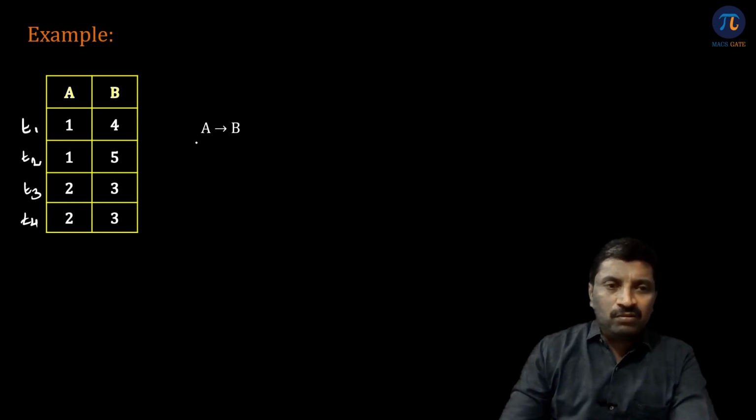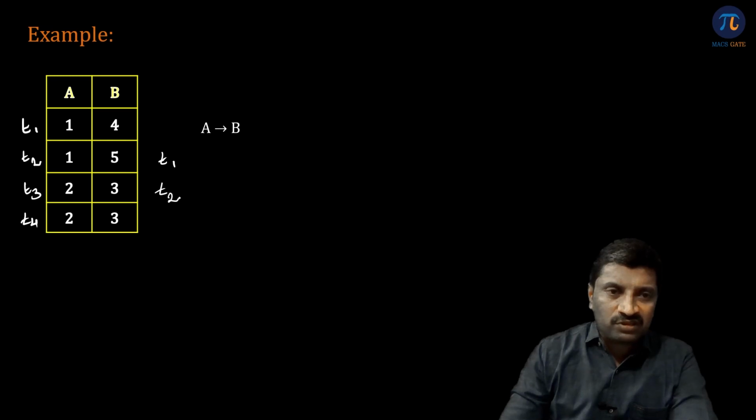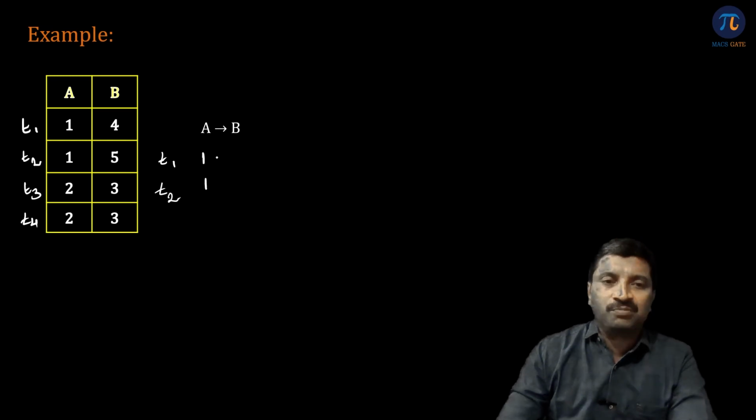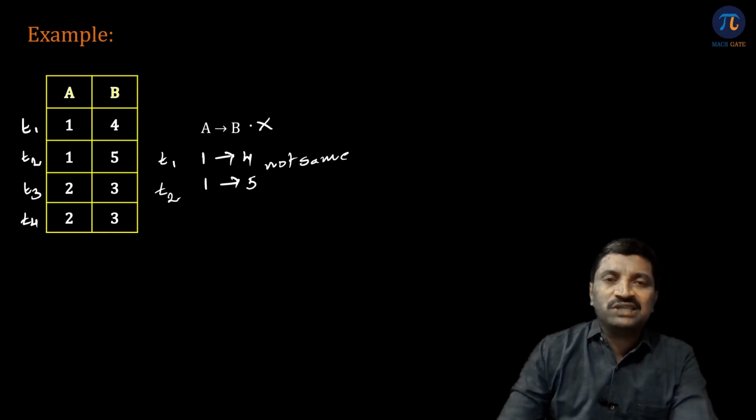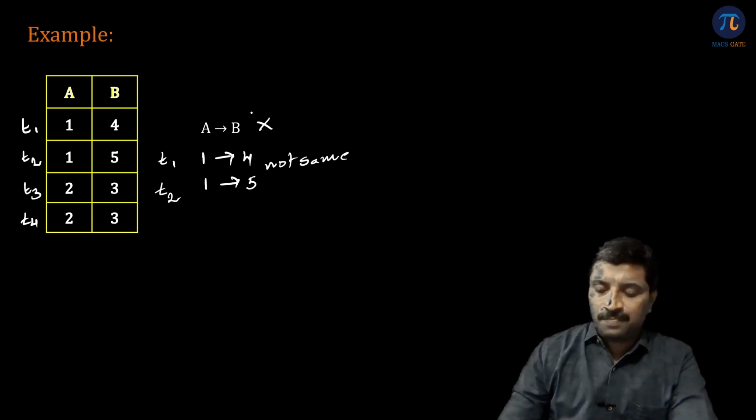Now verify whether there are any two tuples for which the value of A is the same. So we have T1 comma T2. For these two, the values are the same. What are the corresponding values of B? 4 comma 5. These two are not the same. Since these two are not the same, this is not satisfied by the relation instance.